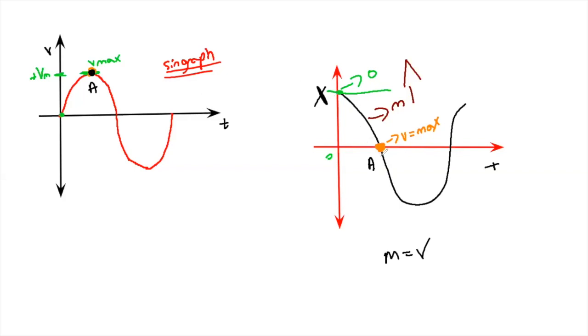Now you can see that the gradient starts decreasing. Why? Because I know that at this point, the gradient is 0 as well. So my gradient is decreasing. M goes down.